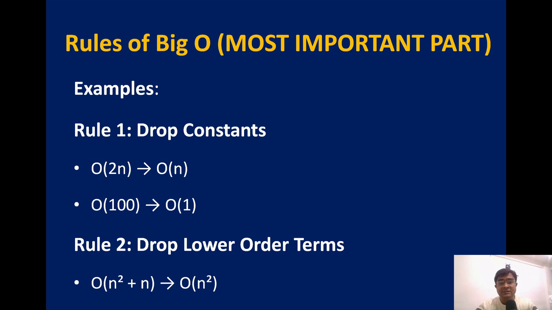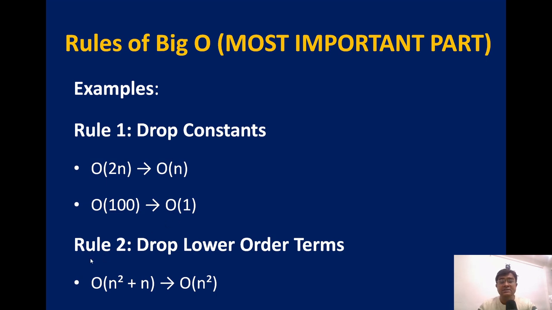If you have O of 2n, and you drop that constant, your big O notation becomes O of n. And if you have O of 100, dropping the constant makes it O of 1. So this is the first rule.